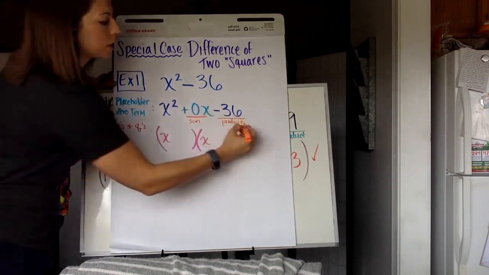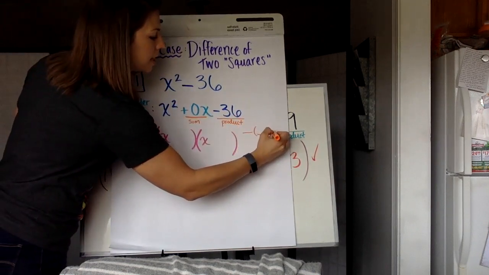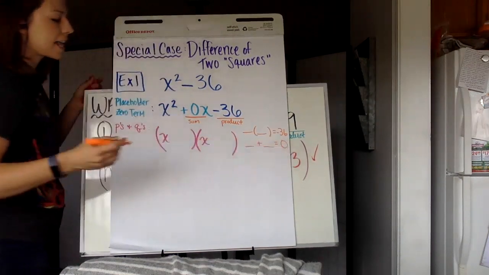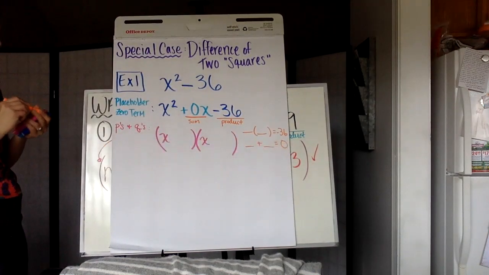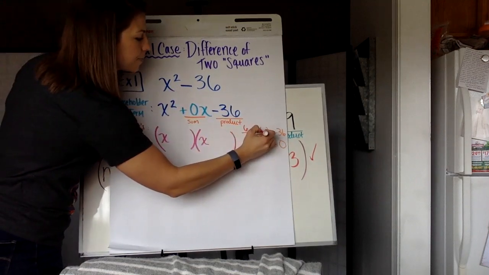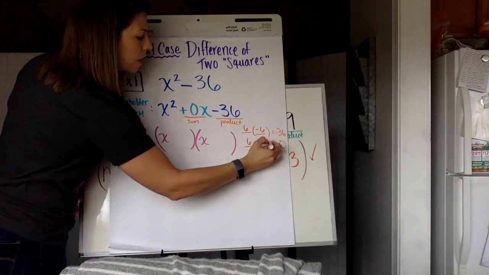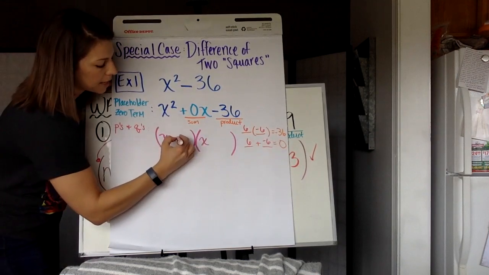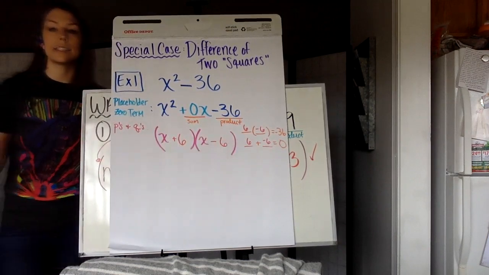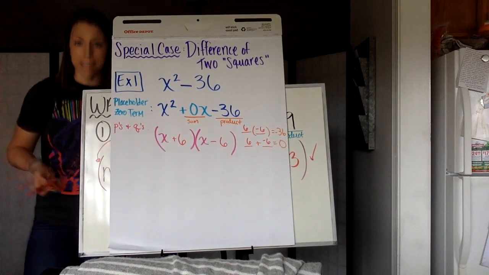So what 2 numbers multiply to negative 36 and add to 0? I think you figured it out. Those 2 numbers are positive 6 and negative 6. All right, so coming over here, we're going to make this one positive 6 and make this one negative 6, and we are done.